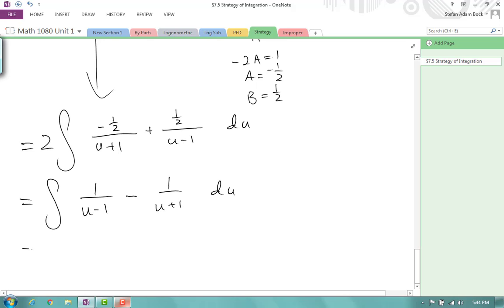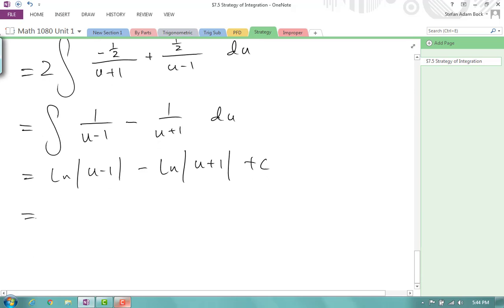And those have easy antiderivatives. This is the natural log of absolute value of u minus 1 minus natural log absolute value of u plus 1 plus c. Or, if I like being condensed, natural log of (u minus 1 over u plus 1) plus c.